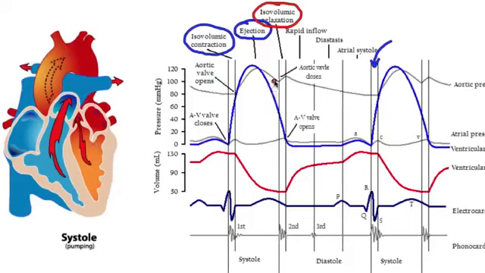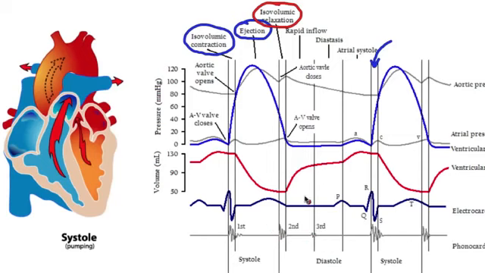And then here, where the ventricles relax, after sending all of that blood out, you're going to get a closing of the semilunar valves. And you're going to hear the second sound, which is the dub sound. So you get lub, dub, lub, dub, lub, dub. And that is the heartbeat that you hear.